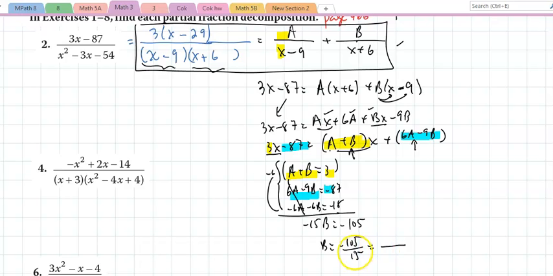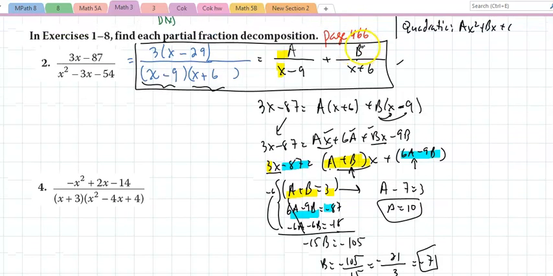What is that? Okay, if I divide by 5, the top is 21, the bottom is a 3, that's a negative 7. And if I know that b equals negative 7, then a minus 7 equals 3, a equals 10. Well, guess what? I just figured out where this fraction came from.